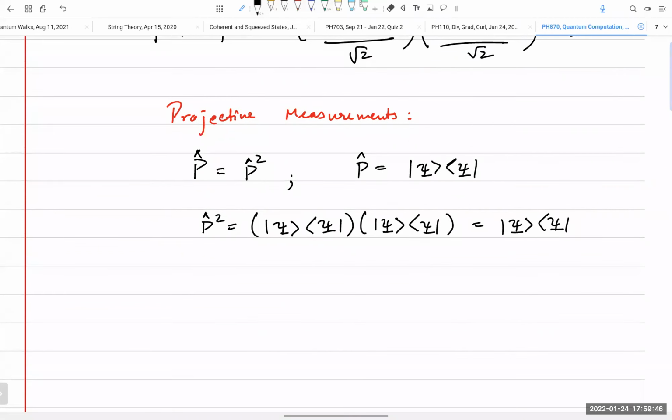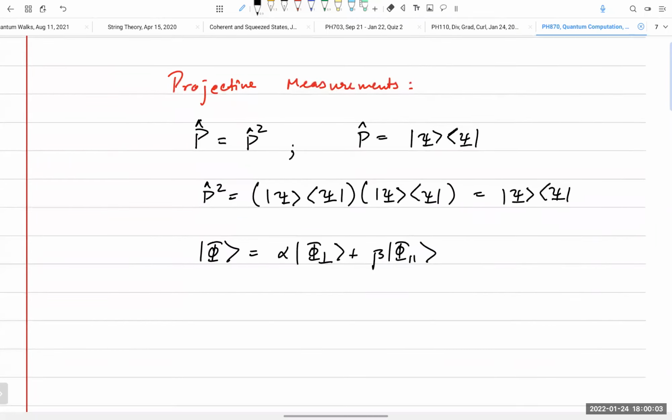And what does this do? I've talked about this previously: if you have an arbitrary state of your system, then you can write it in terms of two components, one which is parallel to some state, and one which is perpendicular to it. So let me write this as psi and psi perpendicular. So alpha is the component parallel to psi.